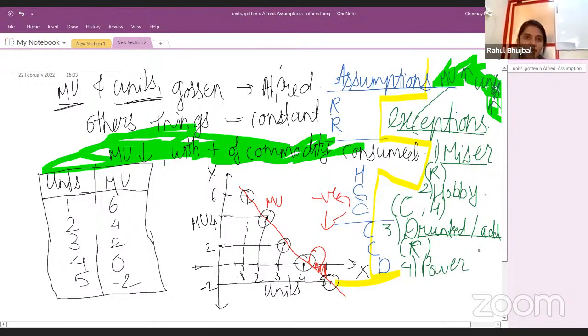Power. So after having that intoxicated thing, after having alcohol, after having that addiction, that miser is going to be powerful. So in case of all the politicians, every additional thing of power which he is getting, is his utility increasing or decreasing?